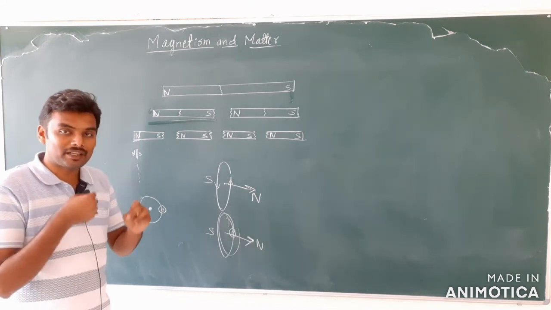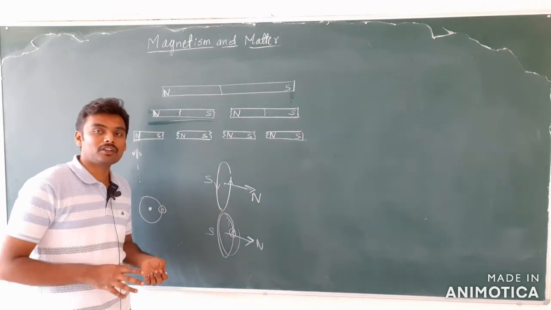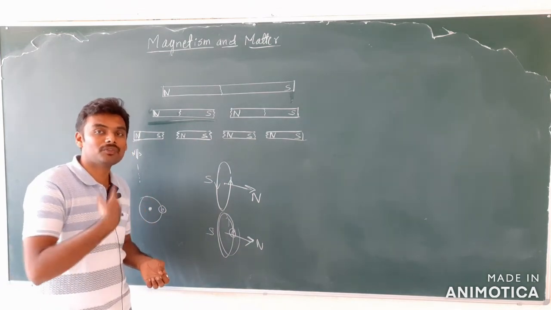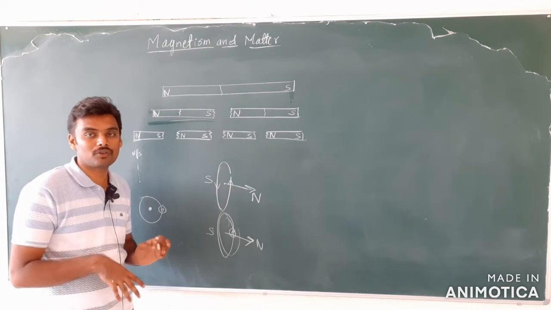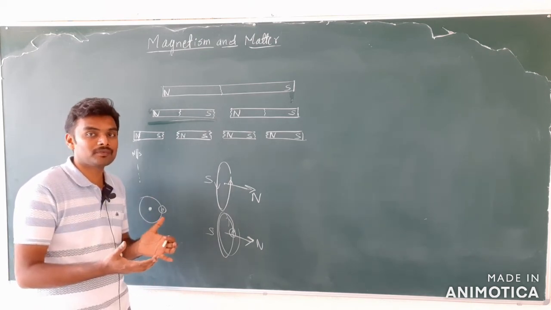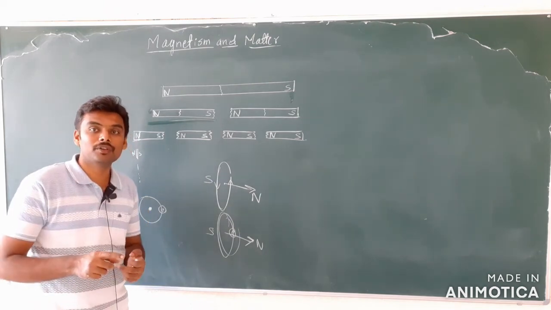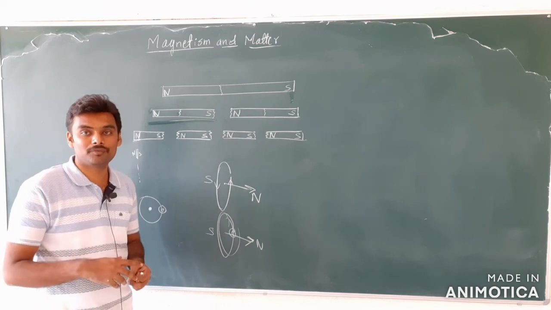So they cancel the magnetic effect. When we have unpaired electrons, there will be one extra electron which will have either clockwise or anti-clockwise revolution, which will produce net magnetic field in the entire atom. So a single atom, due to the revolution of that unpaired electron, will now have magnetic field.